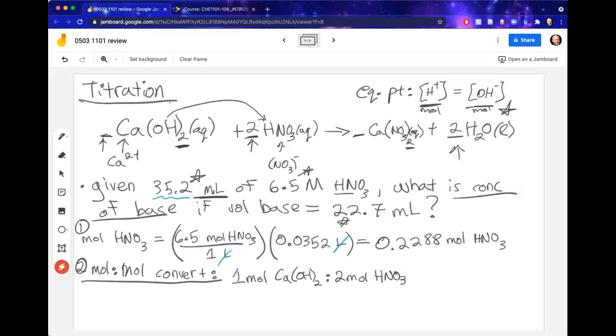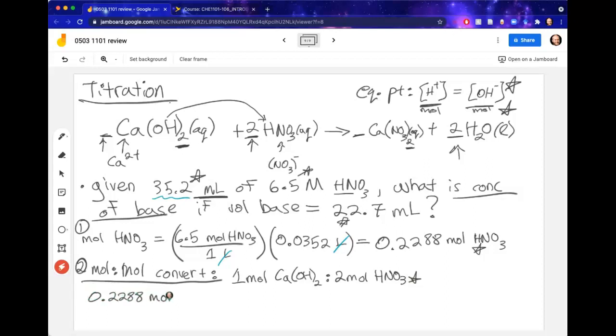Let me just restate one more time that the equivalence point allows us to make the connection between moles of acid and moles of base. So we're going to use this conversion factor, and then we're going to have moles of base at the end of this step in the calculation.